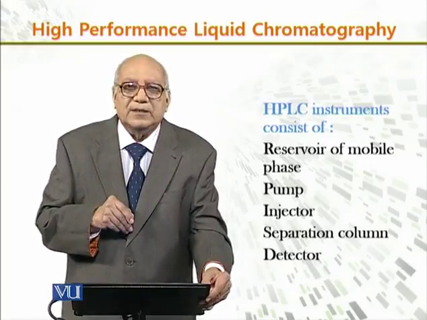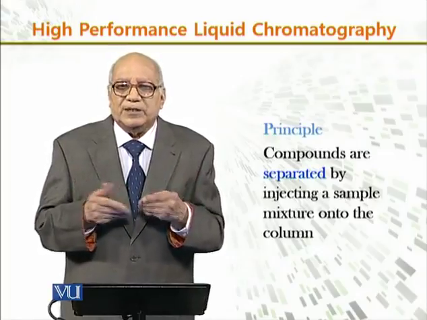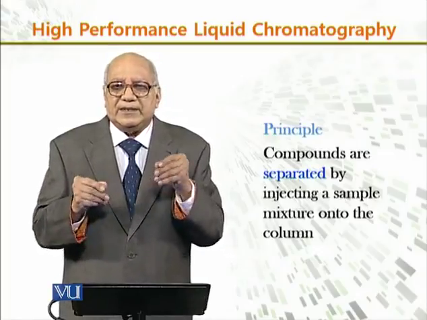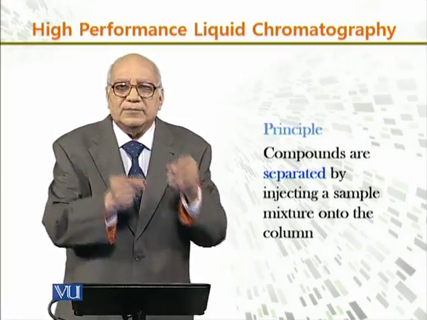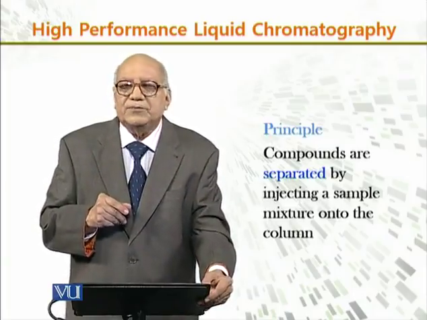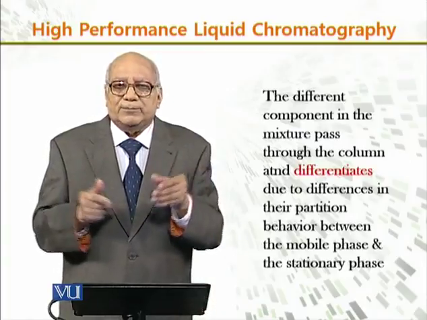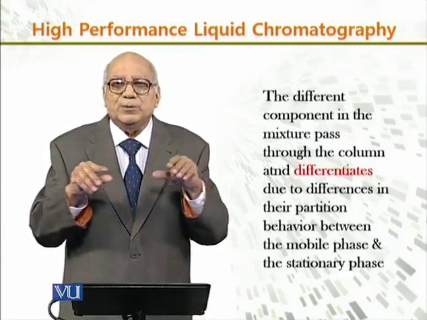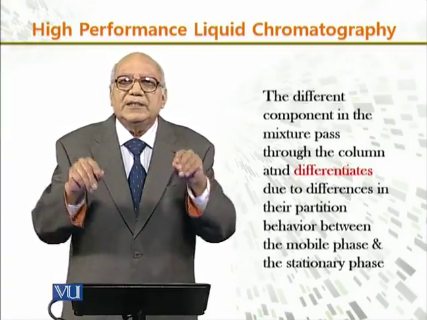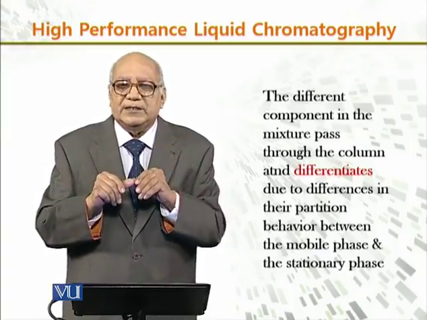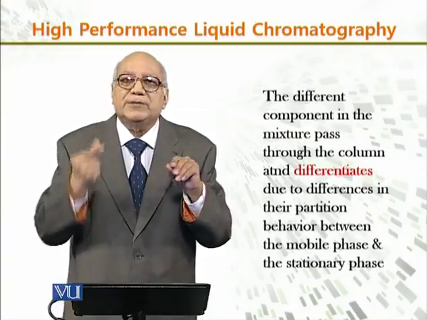to the computer. The principle is basically that the compounds are separated by injecting a sample mixture into the column. In the column, the sample mixture which we desire to analyze is injected, and then the different components in the mixture pass through the column and differentiate due to the differences in their partition behavior between the mobile phase and the stationary phase.